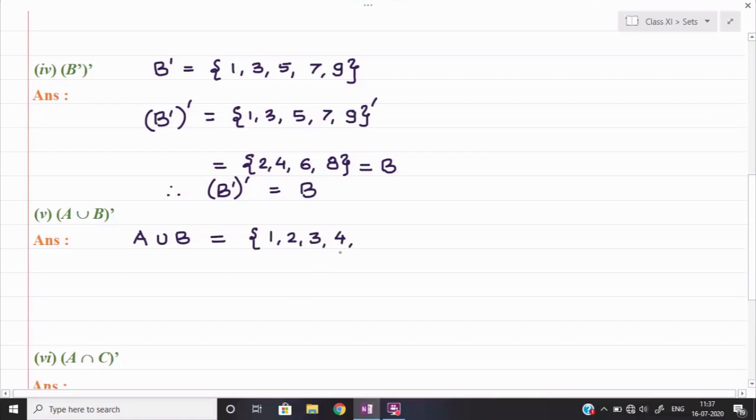But 2 and 4 already mentioned. So I will here write down only 6, 8. Now (A ∪ B)' we will find out. So A ∪ B will be equal to {1, 2, 3, 4, 6, 8}.